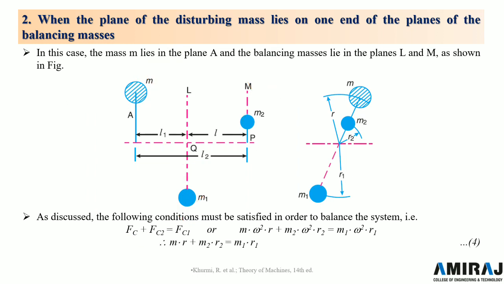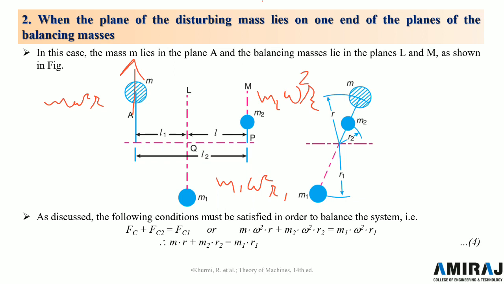Here it is m r plus m2 r2. Here the centrifugal force will be equal to m omega square r. On one side it will be m1 omega square r1, and on the other side m2 omega square r2.